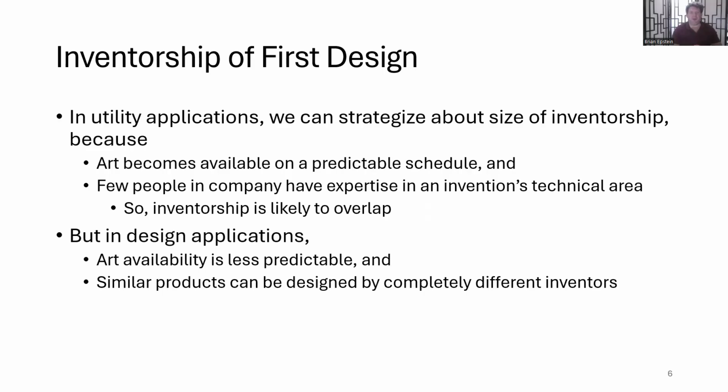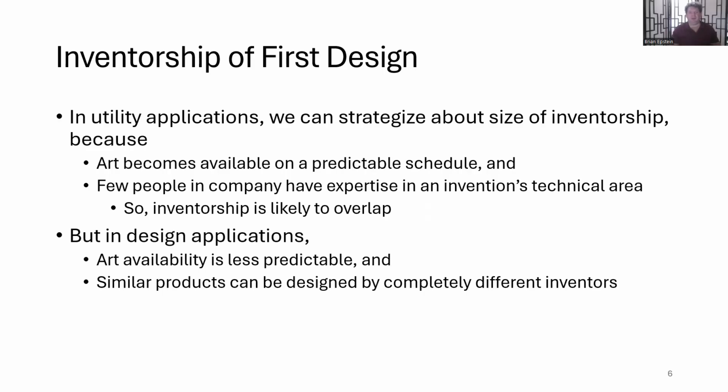Few people in the company have expertise in an invention's technical area. And by that, I mean the inventorship is likely to overlap between a basic application and then the improvements to that application over time. It's likely to be a couple of people's major career path.